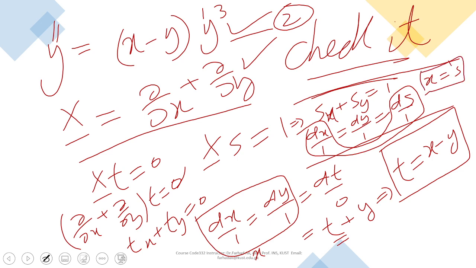So I find s and t, and now I want to convert this differential equation into the t and s coordinates. Just as I did in the previous example, I am going quickly here. Take y is equal to s and x minus y is equal to t, and take t to be dependent on s.